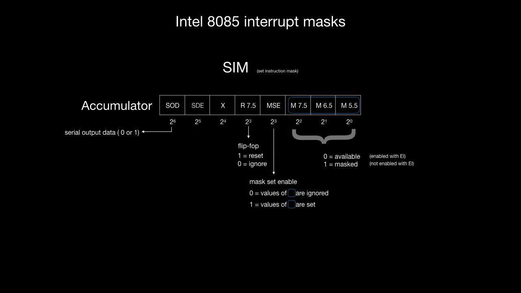The next bit, SDE, which stands for Serial Data Enable, is used to disable the modification of the SOD pin, which means if SDE is 0, you can't change the output of the pin. And if SDE is 1, it will modify the pin with the value of SOD.